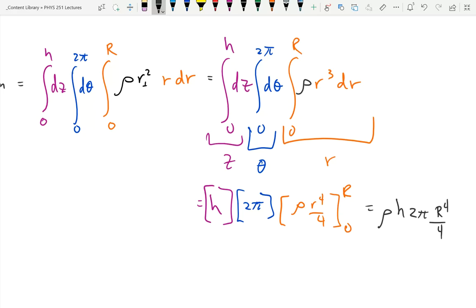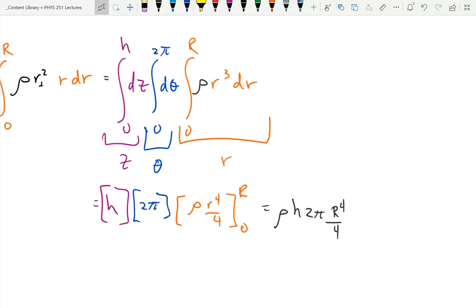So there we have it: rho h 2 pi r to the 4th over 4. Now I want it in terms of mass, not in terms of rho. I've already derived very quickly what rho was. Just recall that rho was equal to the mass divided by the volume, which was pi r squared h.